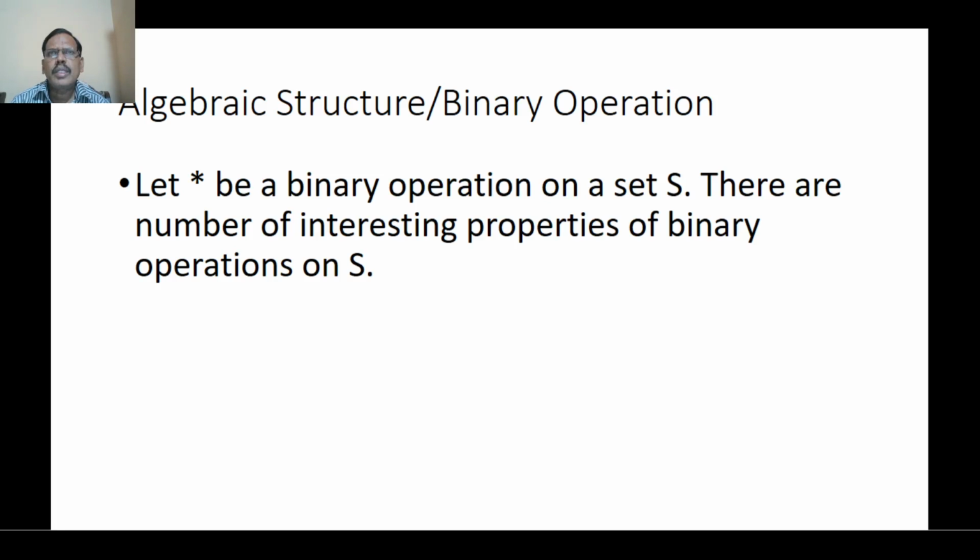One can observe that if you take two numbers, 2 plus 3 is equal to 5, which is the same as 3 plus 2. This is one of the properties of the binary operation addition. And one can observe that 2 times 3 is the same as 3 times 2. This property we call the commutative property.